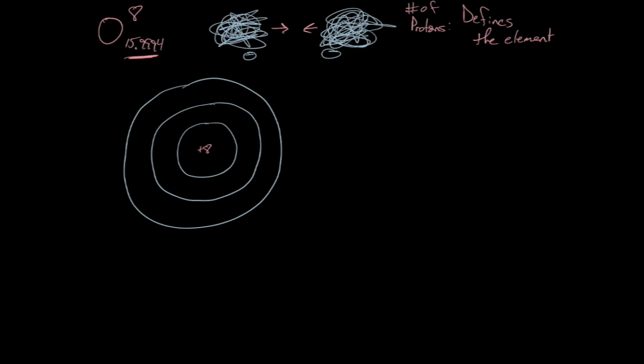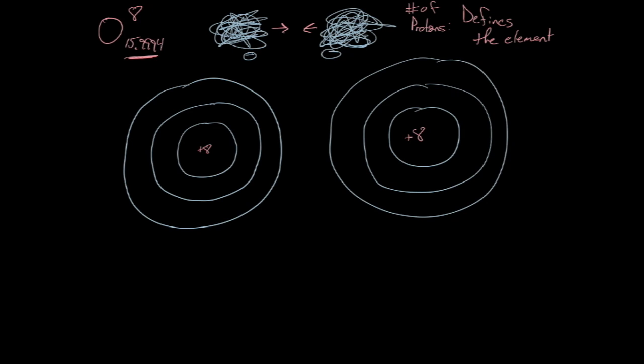If we have two of these oxygen atoms, there's 2 plus 8s. And we're not going to worry so much about the isotopes right now. What we're worried about is this center atom, the number of protons. The fact there's plus 8 protons means that atom can pull in 8 electrons.